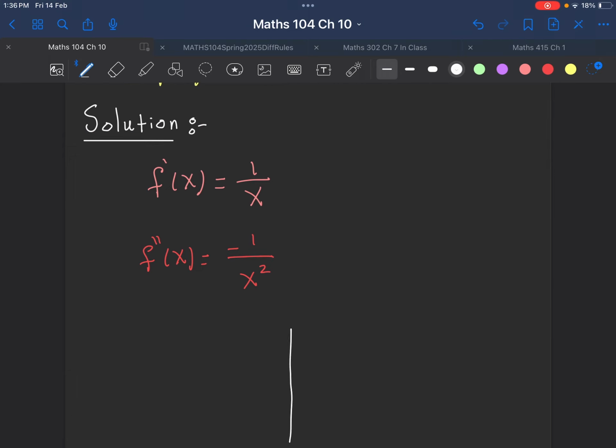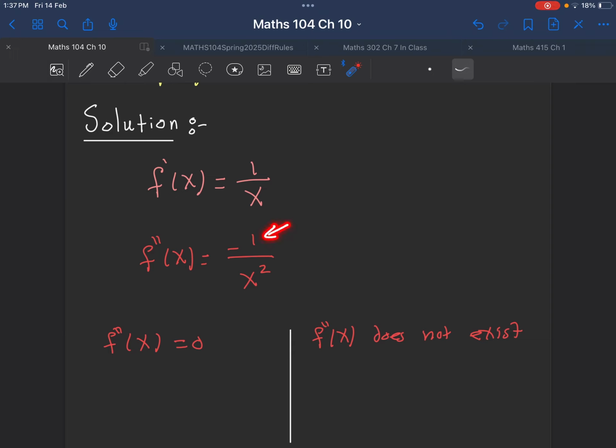Next step, we need to do two cases here. Either the second derivative does not exist, so it means we have a problem, whether it's the denominator or something else, or we have the second derivative equal to 0.